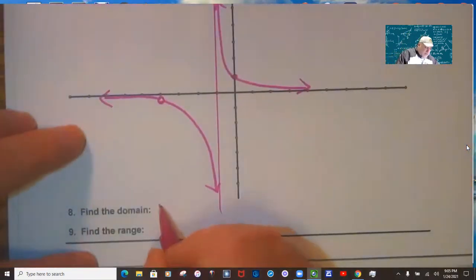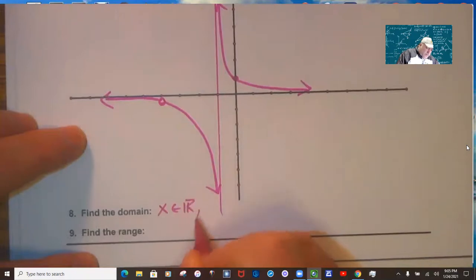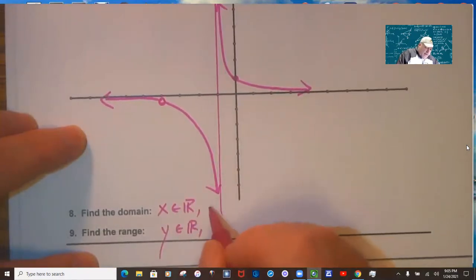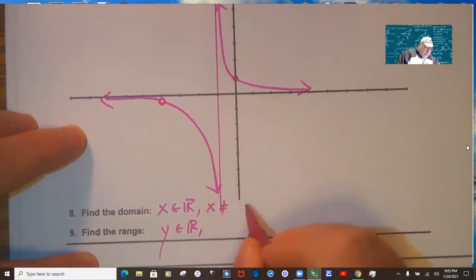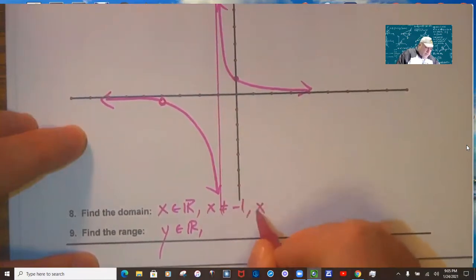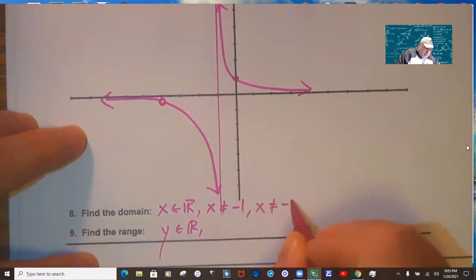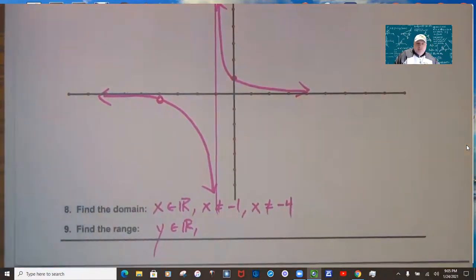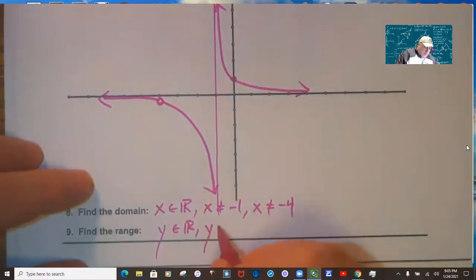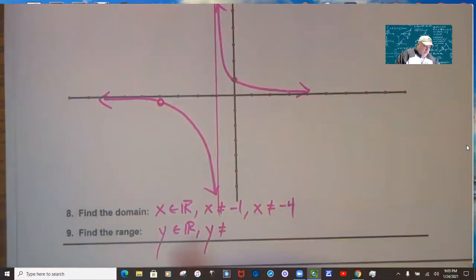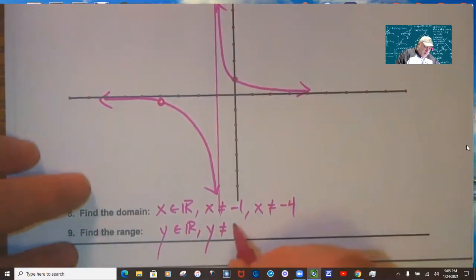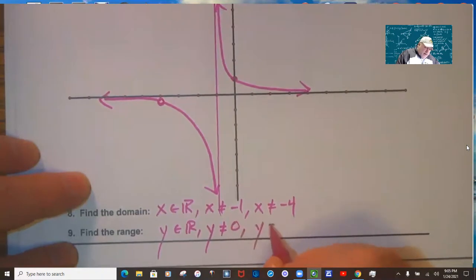So domain and range start with all reals, and then exclude the vertical asymptote, and exclude the x value of the point discontinuity. And then with the range, exclude the horizontal asymptote and the y value.